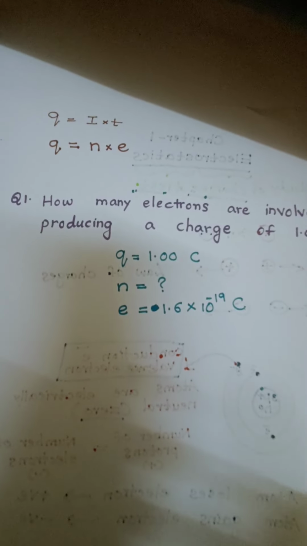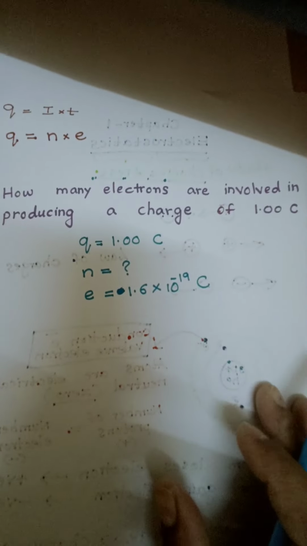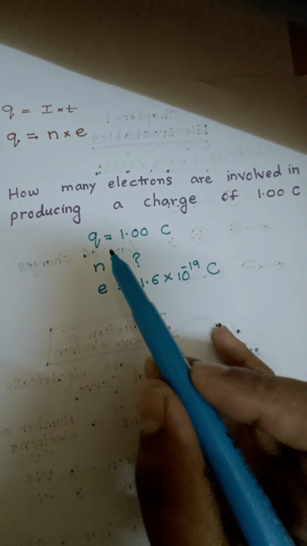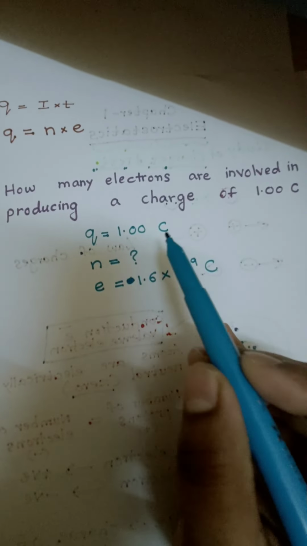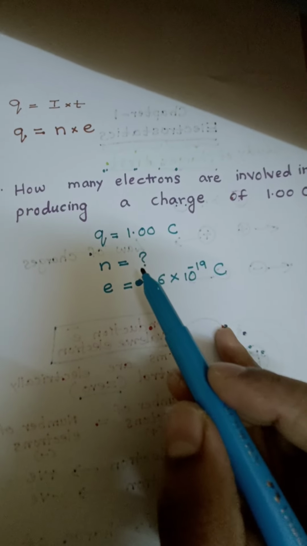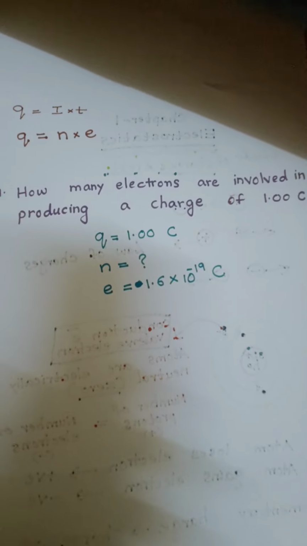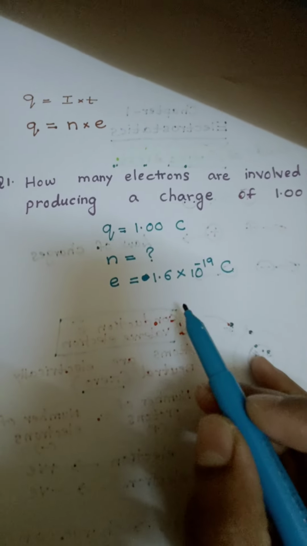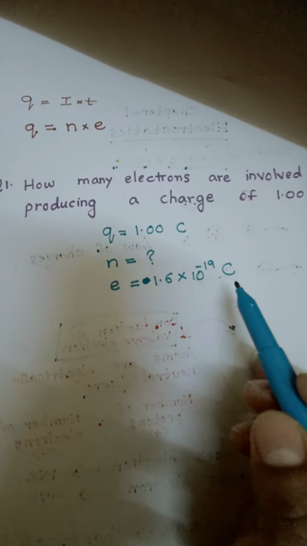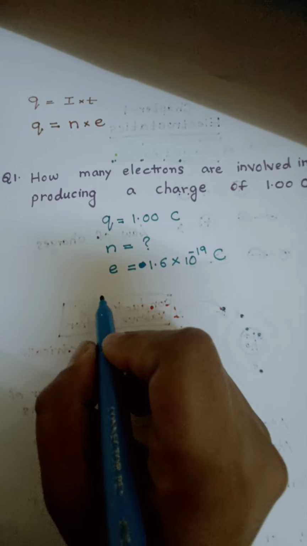Question number 1. How many electrons are involved in producing a charge of 1 coulomb? So here we have charge Q equals 1 coulomb. N, number of electrons, we don't know. And the charge of electron is 1.6. We are taking the magnitude of charge here. So 1.6 times 10 to the power minus 19 coulomb.